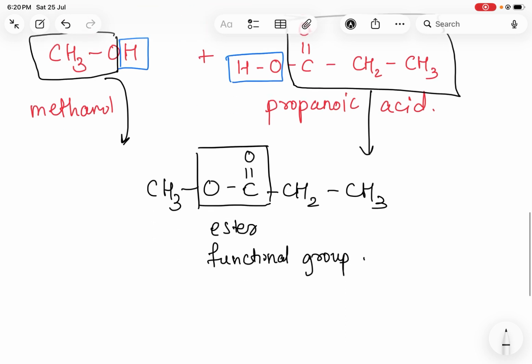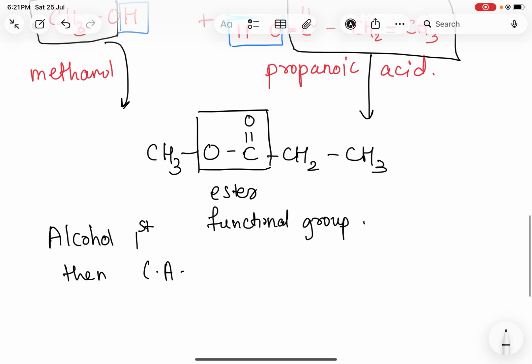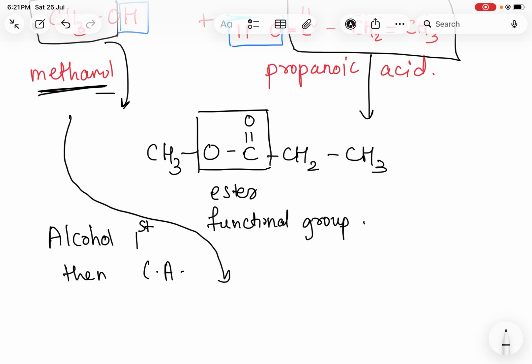Okay, now how are we supposed to name this compound? As I told you, we have to take alcohol first, then carboxylic acid. The alcohol which I have used was methanol, so I will be taking methyl, and I have used propanoic acid.